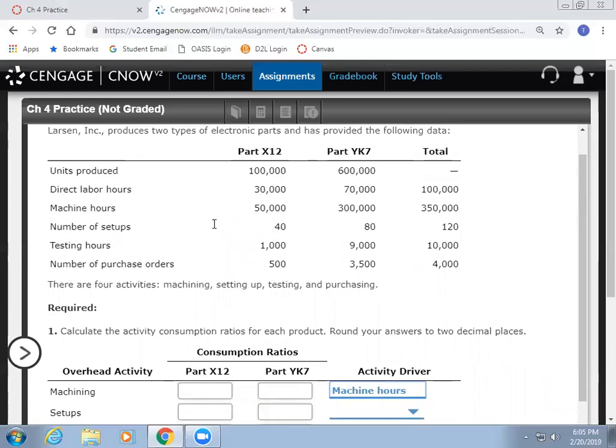So machine hours for part X12, 50,000 divided by the total 350,000. That's how you're getting those consumption ratios, okay? And then they want us to round to 2 decimals. So what's the consumption ratio there?